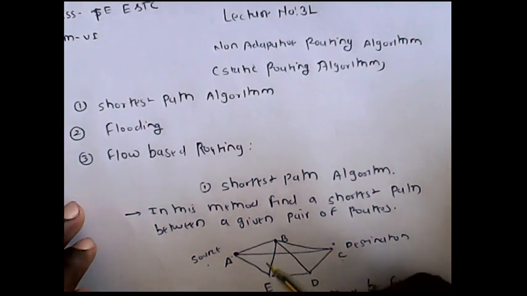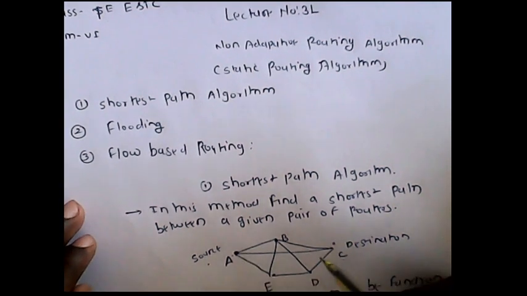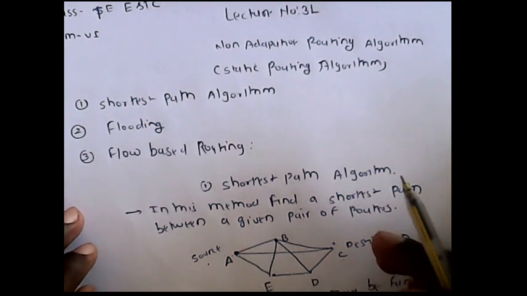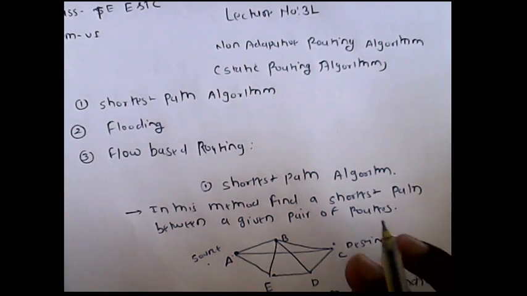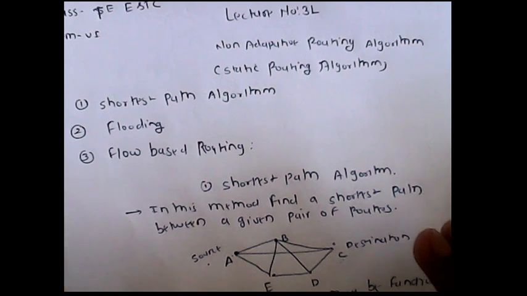If I want to send a packet from A to C, before sending it, the predefined path already exists and is known to the router, or it may be downloaded into the router. So the non-adaptive routing is a predefined path that already exists.